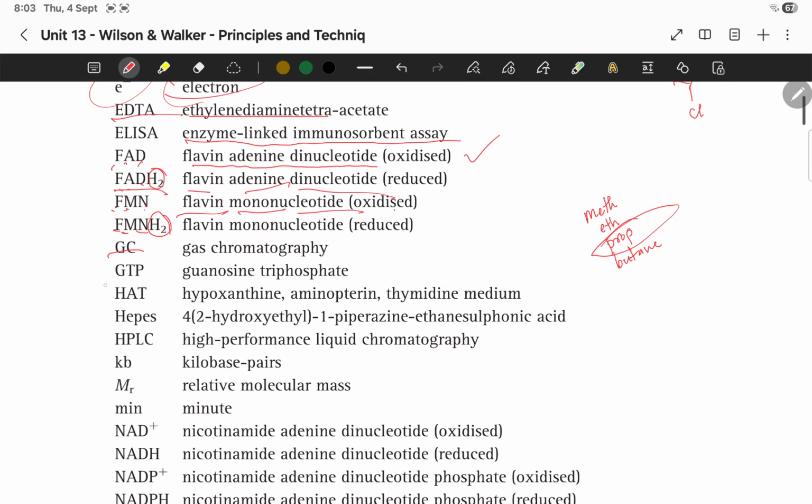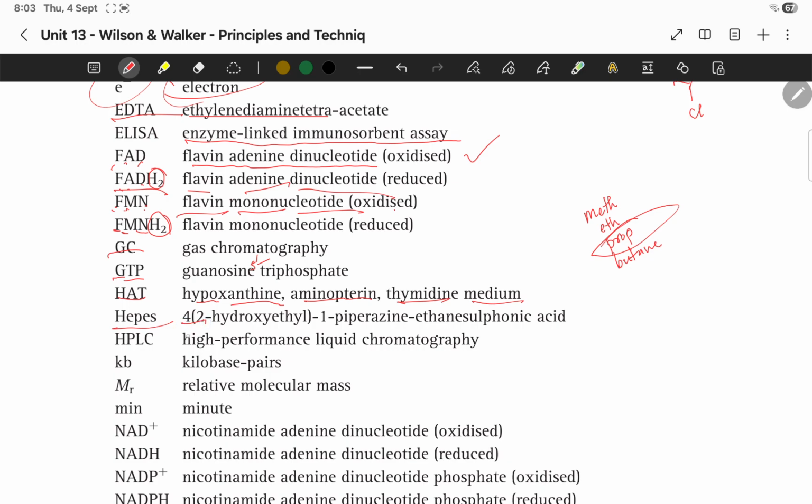GC, gas chromatography. GTP, guanosine triphosphate. Why is there no 5' here? HAT, hypoxanthine aminopterin thymidine medium. I don't understand this.